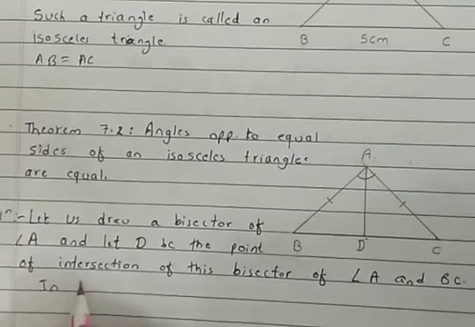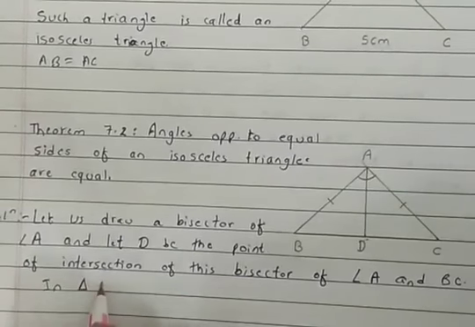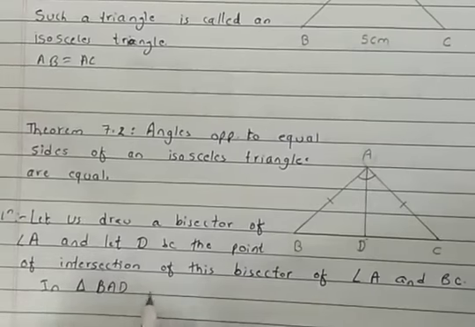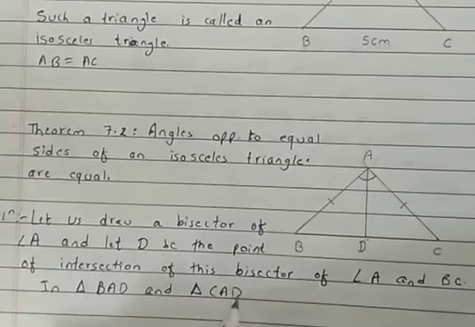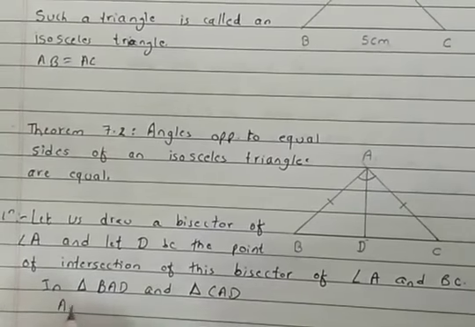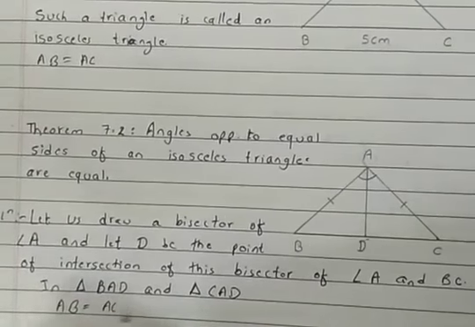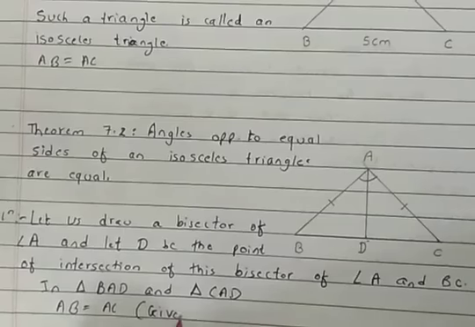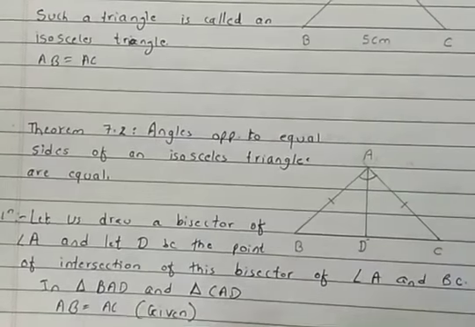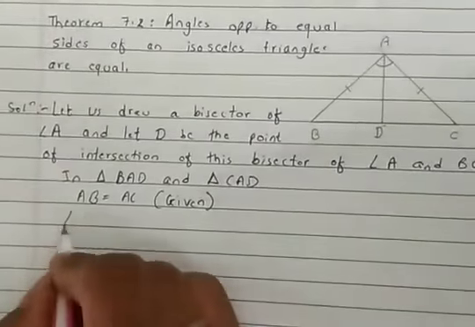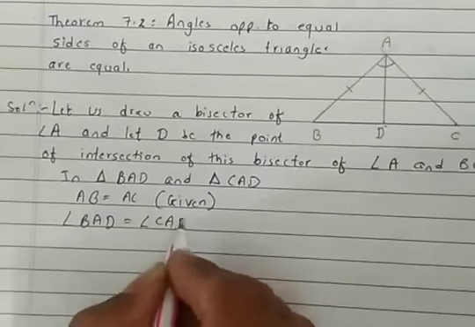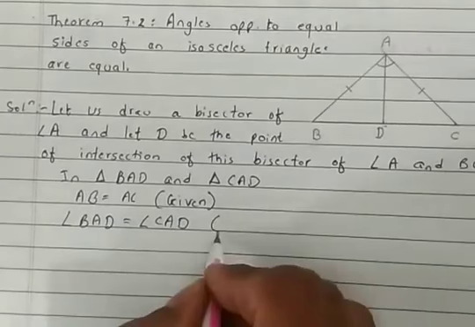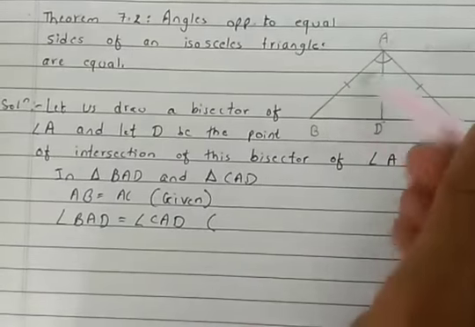Now in triangle BAD and triangle CAD, AB equal to AC. This is given information. Right? Now angle BAD equal to angle CAD. How?